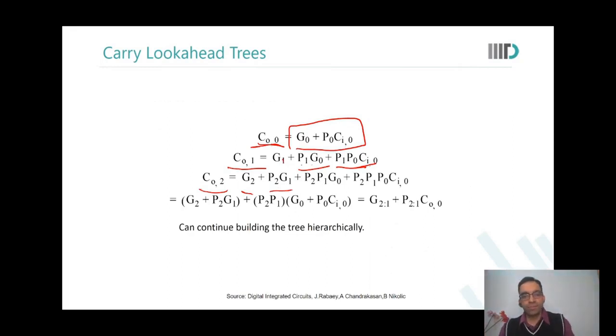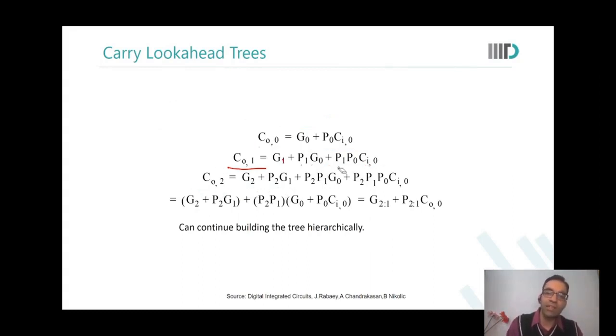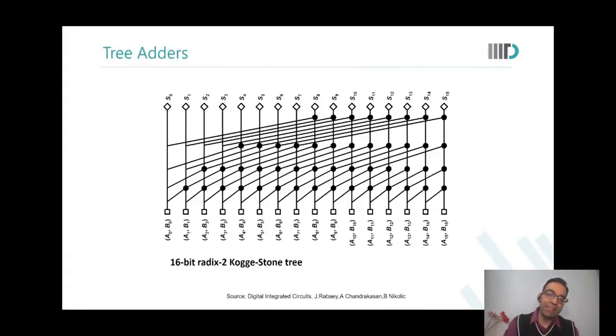And what do you see? You can continue to build a tree kind of hierarchically. So what does this mean? This means that we're talking about these adder trees where A's and B's and their components' outputs are used.